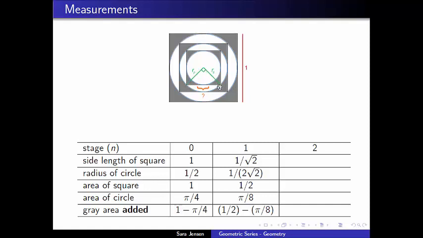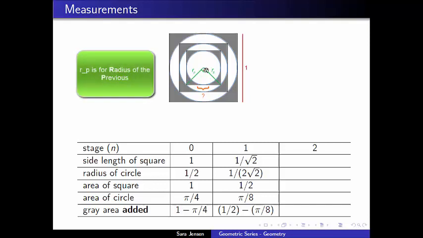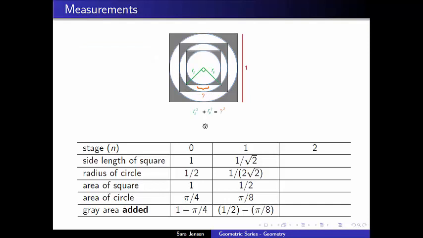A side length of this triangle is going to be given by the radius of the previous circle. And this distance right here, you can see, represents the radius of the previous circle. Just as we did with concrete numbers going from stage 0 to stage 1, I'll now do with variables.